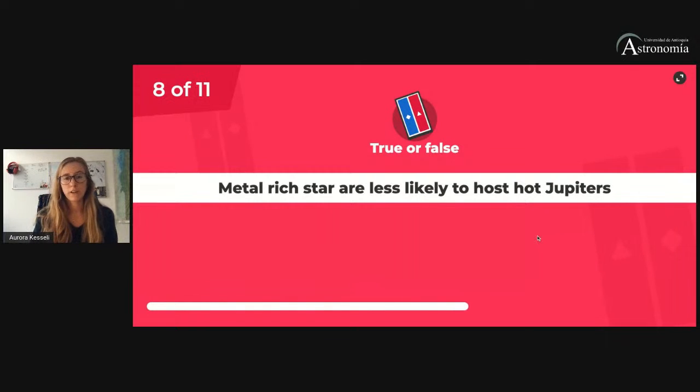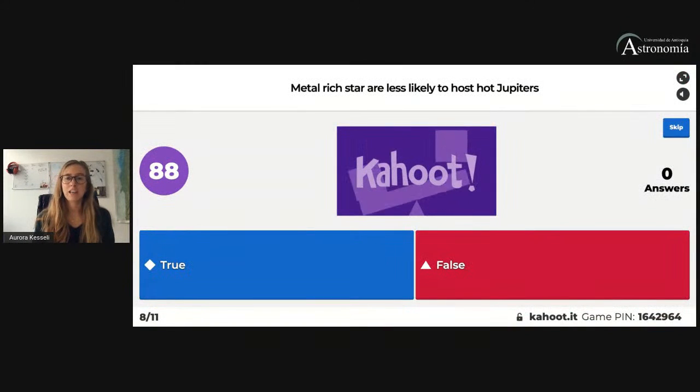Okay, true or false? Metal-rich stars are less likely to host hot Jupiters.